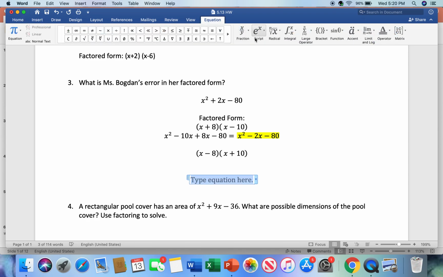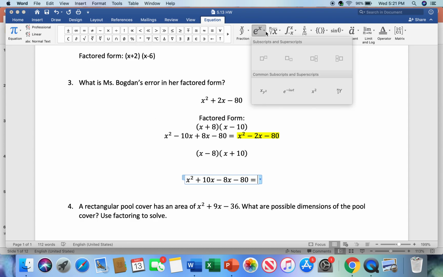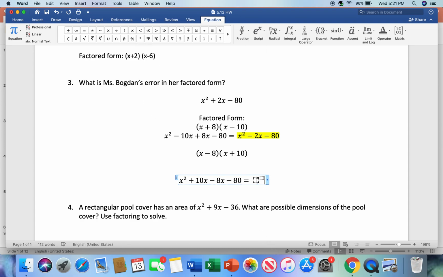So I have x times x, which gives me x squared. X times 10, which gives me plus 10x. Negative 8 times x, which gives me minus 8x. And negative 8 times positive 10 gives me negative 80. Okay, now go ahead and combine my like terms. X squared, positive 10x minus 8x.